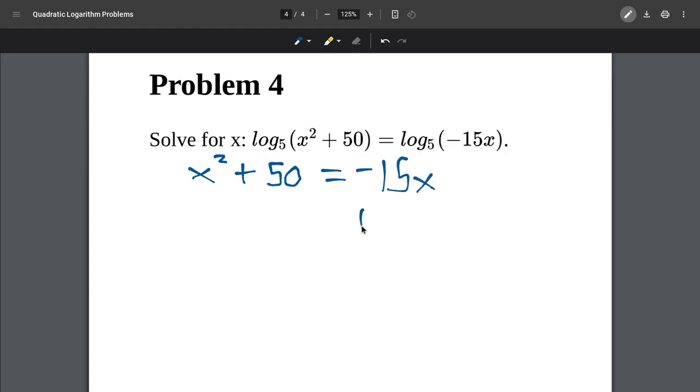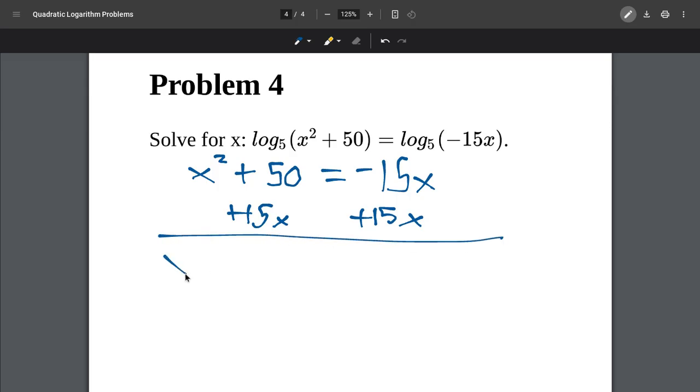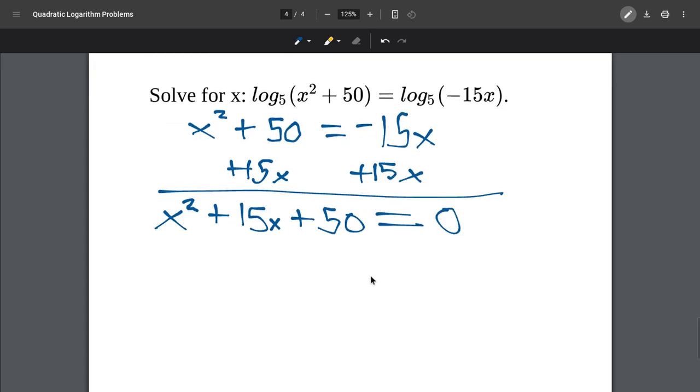Okay, I want to get one side equal to 0, so I'm going to add 15x to both sides. And I'm going to get x squared plus 15x plus 50 equals 0.